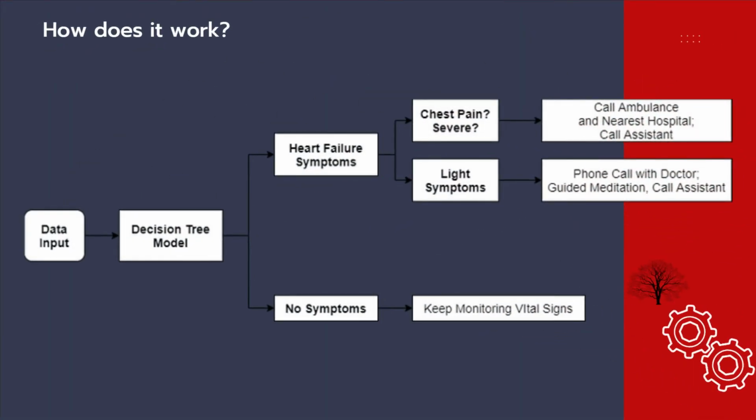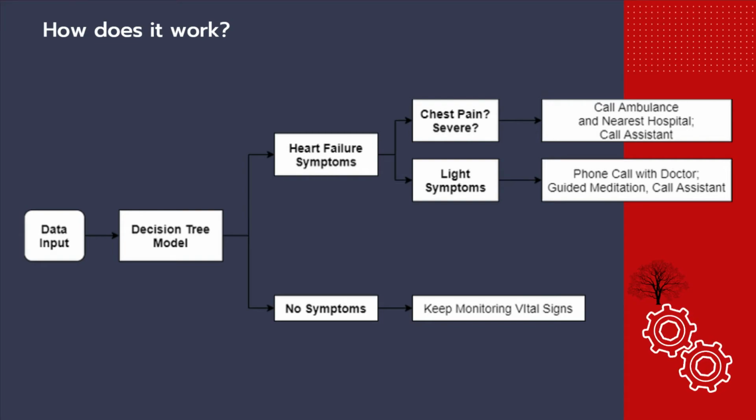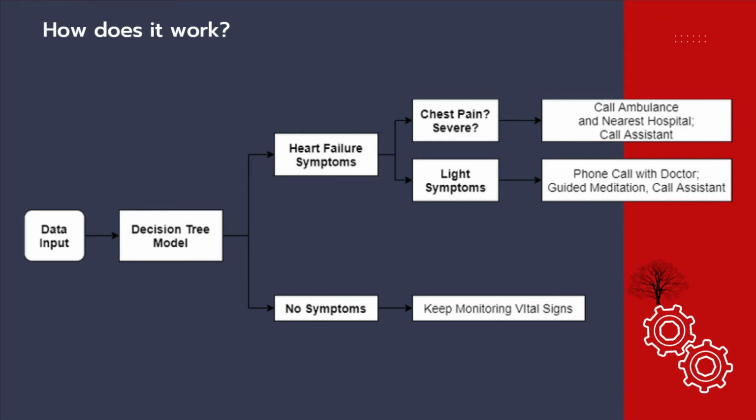For the real case, we will get some data inputs, including anamnesis and fresh data such as blood pressure or heart rate, and then it will be fed into the decision tree model, and the model will determine, by the way, if you have no symptoms before in the anamnesis, whether you have heart failure symptoms or not.